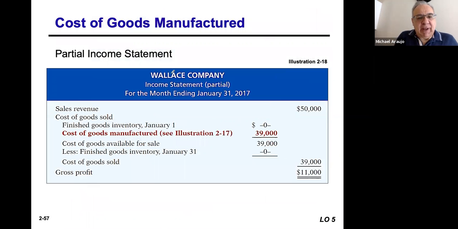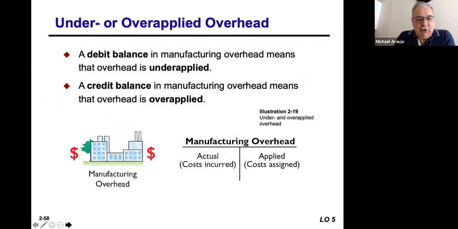It's important to know because it has effects on the financial statements. For example, whatever we have for our cost of goods manufactured is going to show up on our income statement, right? Because this is going to end up being a cost of goods sold, which is going to impact our profit. So it's very important that we check and double check these numbers properly.